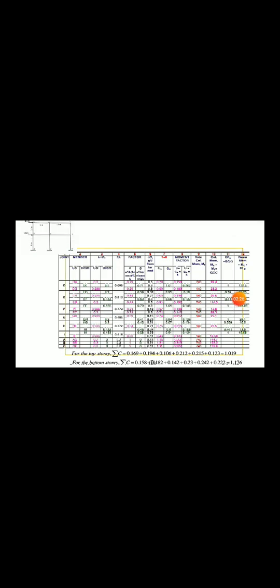So moving to the next step, the stiffness K is I by L. Column first: I is constant throughout the frame, so I will take I as 1.